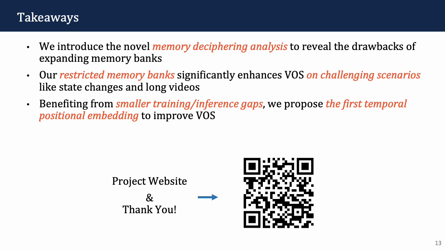Benefiting from a smaller training and inference gap, we also proposed the first ever temporal positional embedding to improve VOS, which we think is very significant for this workshop as well, because we need to understand the temporal order when we understand very challenging videos.